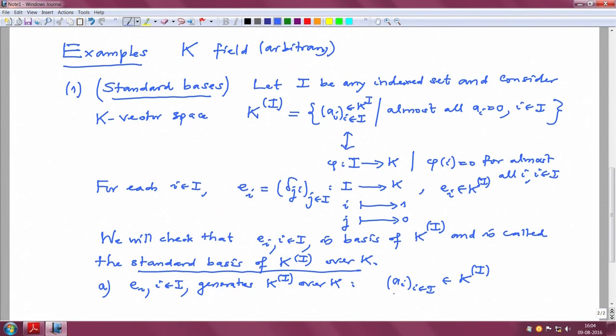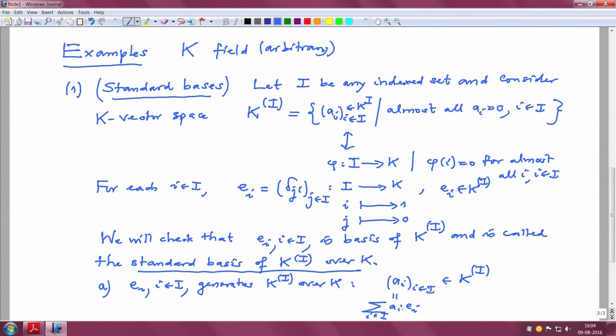But note that this tuple (a_i) is the sum of a_i e_i, i in I. This is obvious because, first of all, the sum on the right side makes sense since only finitely many a_i could be non-zero.